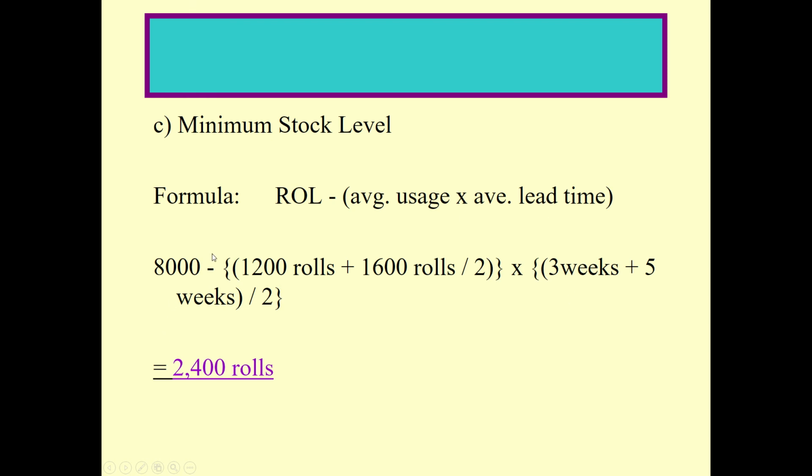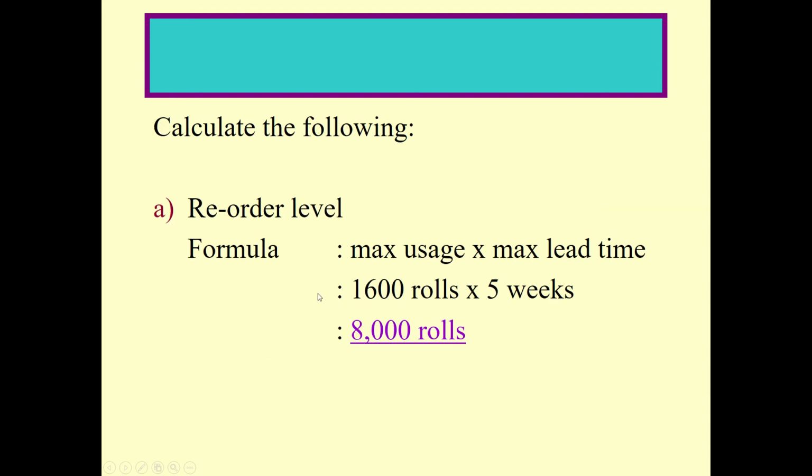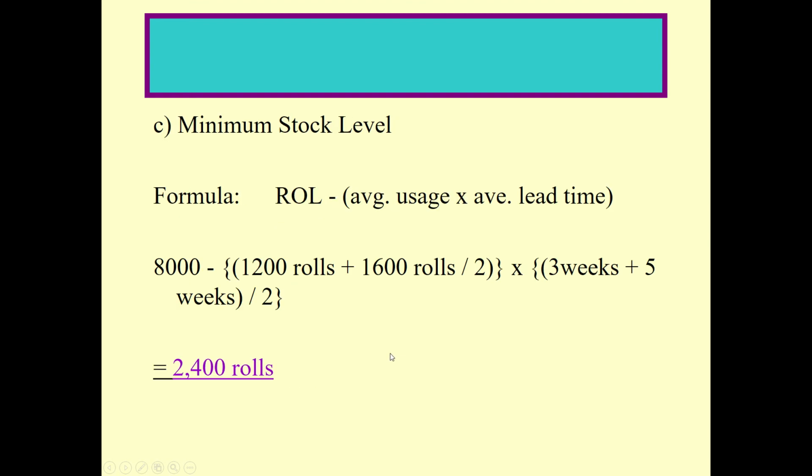So for this minimum stock level, the ROL is given. When you calculate the reorder level in question A, the answer is 8000. And then the average usage: the minimum usage is 1200, plus the maximum usage, which is 1600 roll, and then you divide them by 2 to get the average.